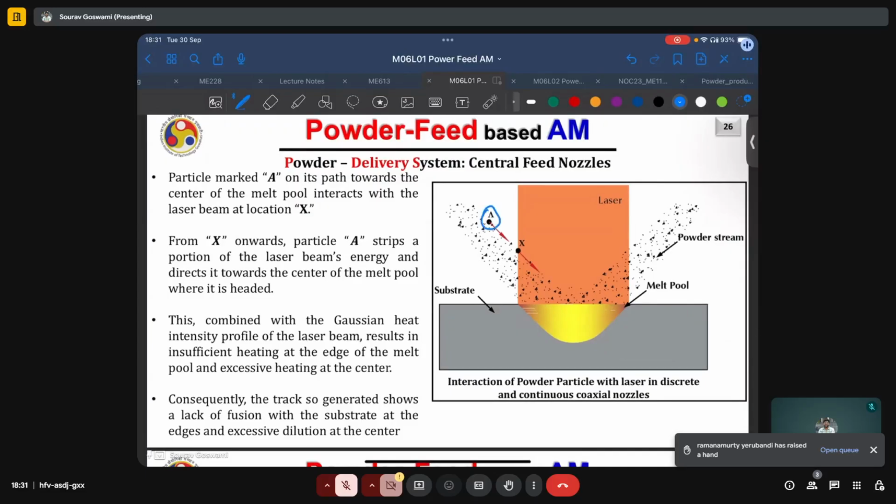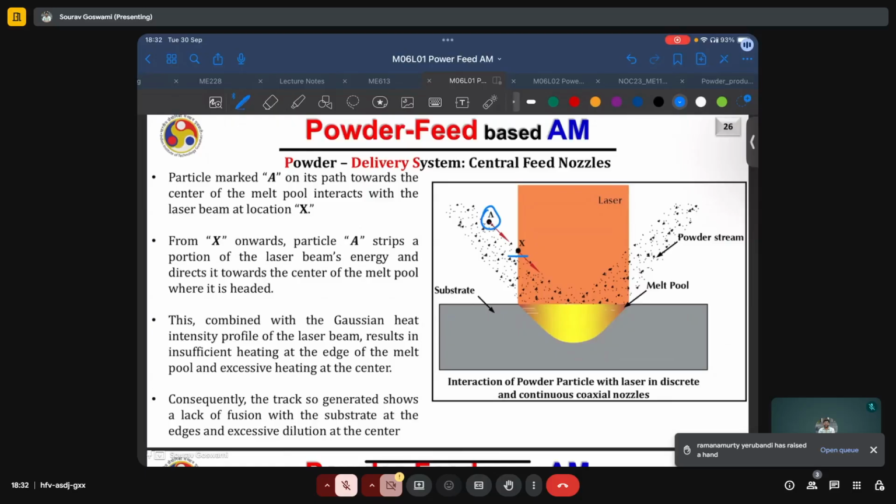Particle A, on its path toward the center of the melt pool, starts interacting with the laser beam at location X, after which it continues along the indicated direction on its way to the center of the molten pool. From this point X onwards, particle A strips a portion of the laser beam's energy and directs it towards the center of the melt pool where it is headed.